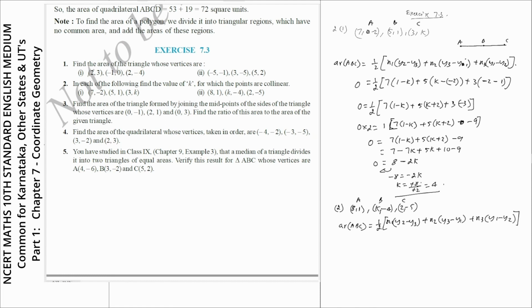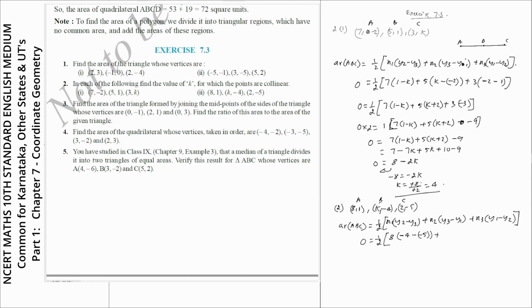So always if you write the formula, it's very easy to solve, otherwise you will get confused. So 1 by 2 into, so area, if these 3 points are to be collinear, then the area will be equal to 0. So in the left hand side I'll put 0. So x1 is 8, then y2 is minus 4 minus y3 is minus 5, so minus of minus 5.